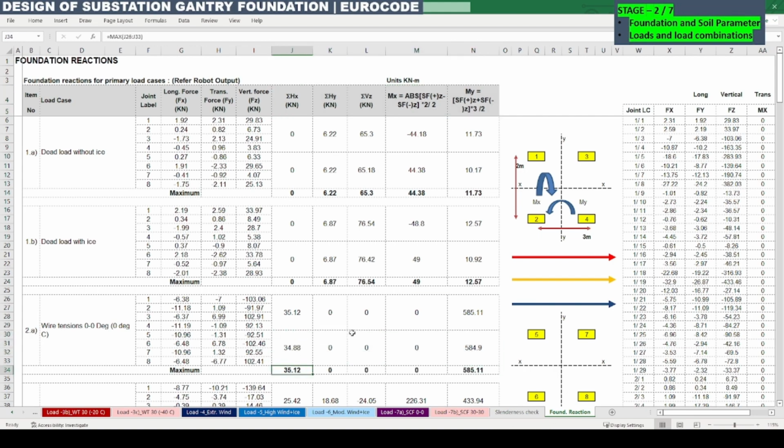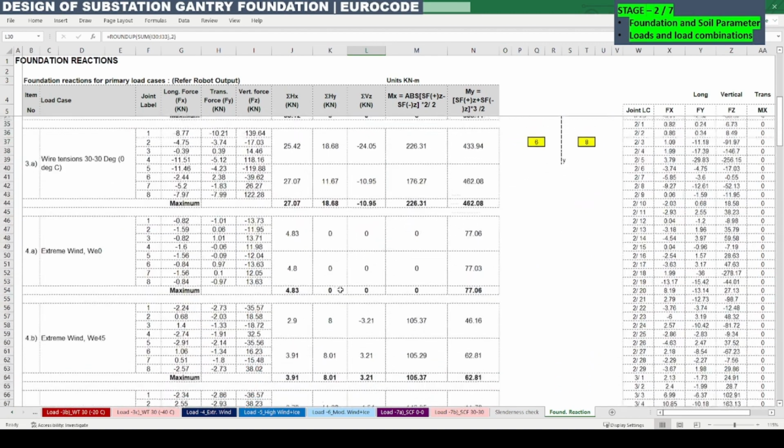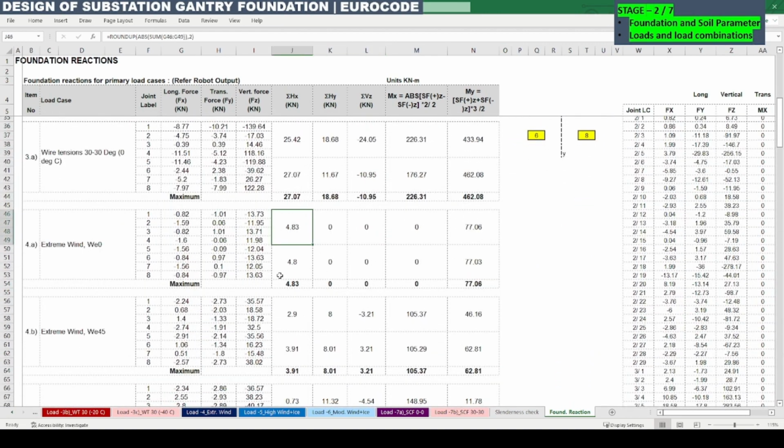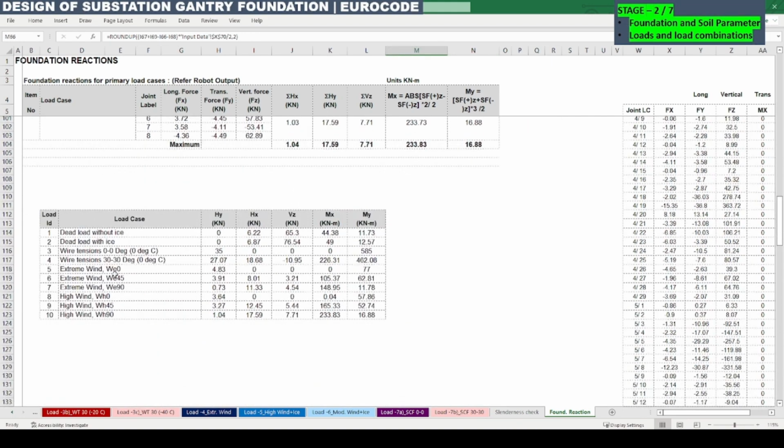Likewise we need to check in the extreme wind case also. You can see that the wind acting direction is x in the case of 0 degree, so we will be getting only the wind forces in the x direction. Y direction is 0, you can see here, and similarly the bending moment in the y direction we are getting here. And finally we are getting the summary of the loads.